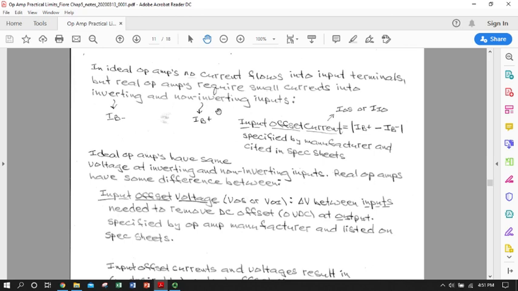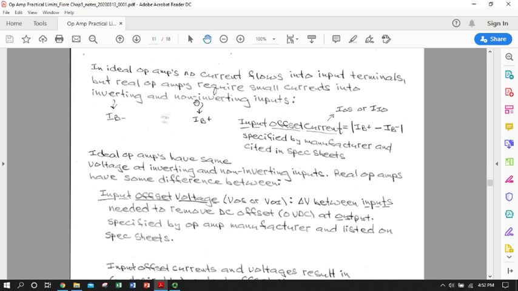So we are admitting now that we have a very small amount of current flowing into those two terminals. If we subtract IB inverting from IB non-inverting and take the absolute value, we define a characteristic called the input offset current, or I sub OS, or I sub IO, input offset. This is specified by the manufacturer and it's cited in the spec sheets.